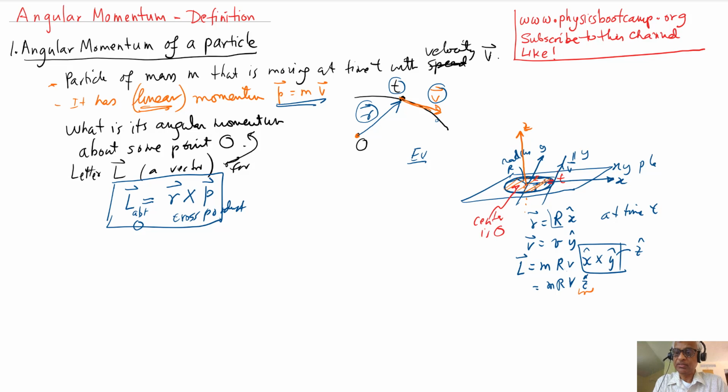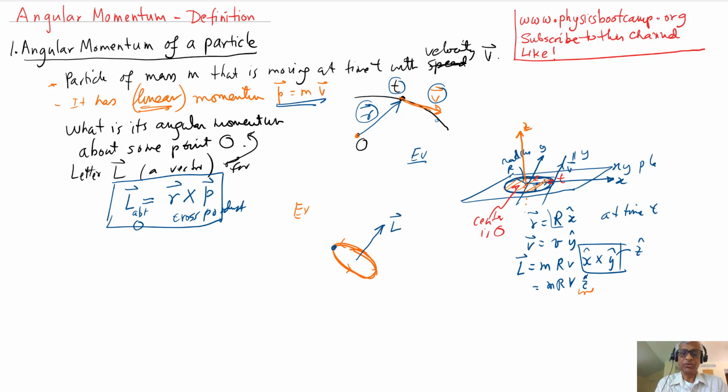If instead of like this, and I don't have x and y and z, anything like that, another example would be, instead of going in a circle, if something was going in this tilted circle, well, you can immediately say that angular momentum will be in that direction.